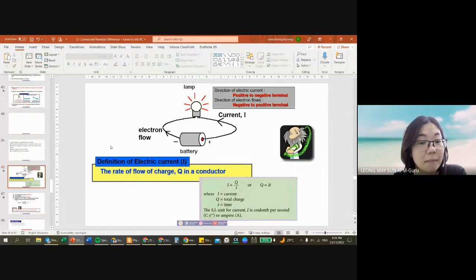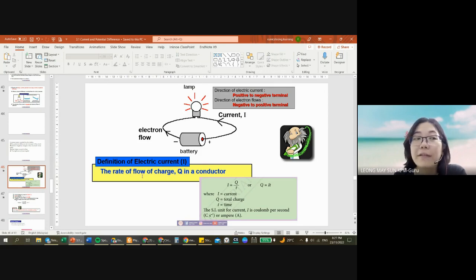It did not mention that it has to be electron, or that it has to be negative charge. It just mentioned that when the charge is flowing in a circuit, in a conductor, the rate of flow is actually the electric current.